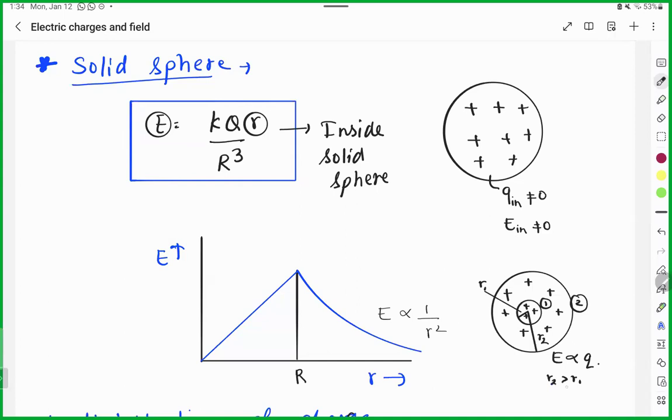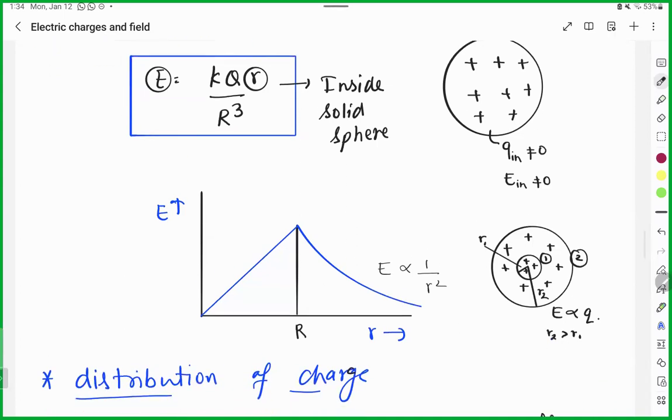It means charge present in R2 will be greater than charge present in R1. In this situation, what will happen? More radius, more charge, more electric field. Understood? That's why in this case, electric field directly depends upon R, because more R means more charge.